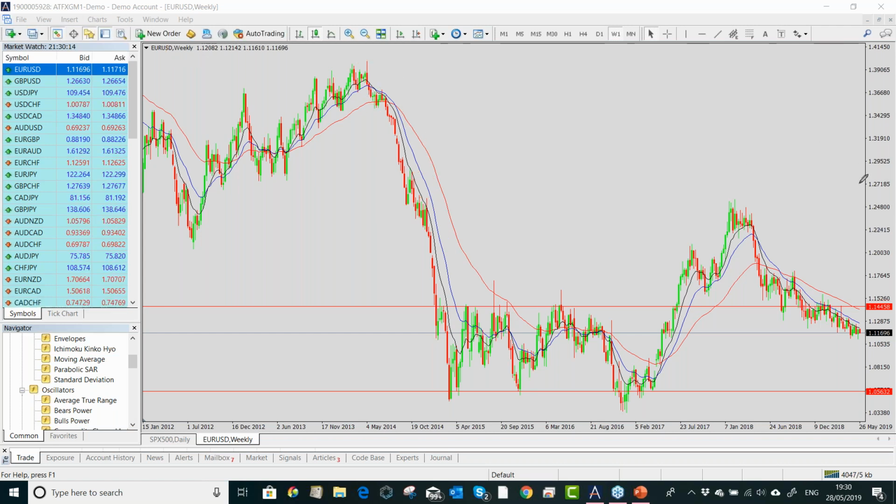But what I'm looking at now is the range. So from these highs here and these lows here, what's happened is I've stopped seeing lower highs and lower lows. I've started to see higher lows and higher highs.